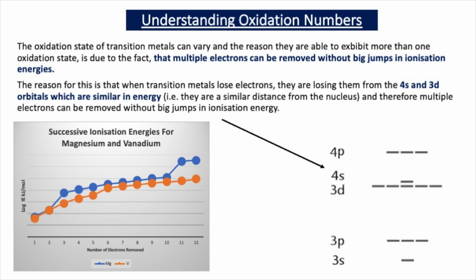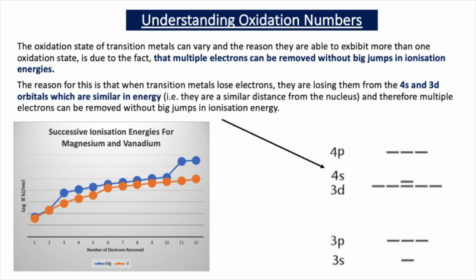Ionization energy will always increase when you remove an electron, because you're forming a positive ion, and then it becomes harder to remove the next electron. Because the 4s and 3d orbitals are similar in energy, there's a potential to remove all of these electrons. The transition element can use all the 4s and 3d electrons when it bonds to other elements.